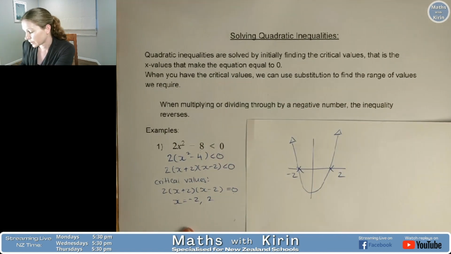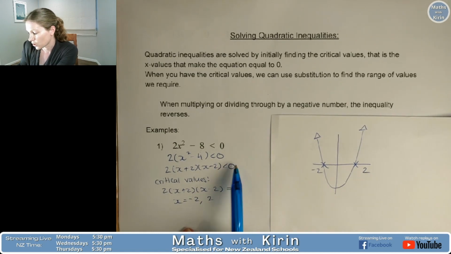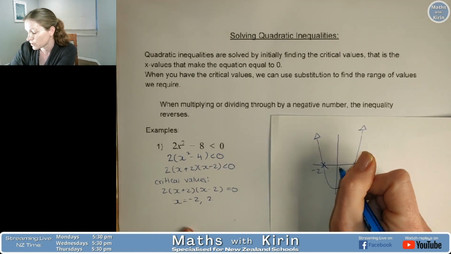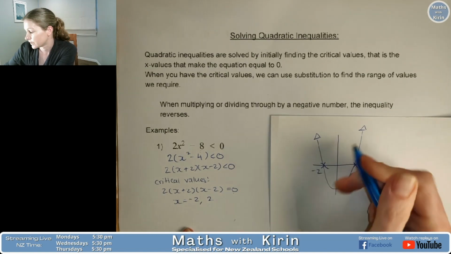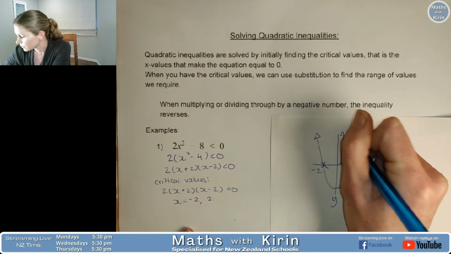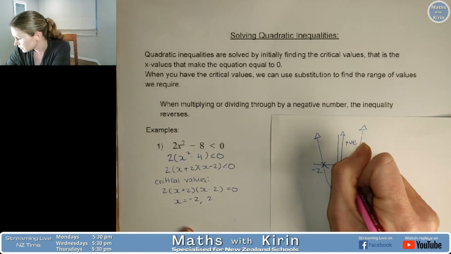Okay, that keeps going. We are trying to find where the equation, or where the parabola in this case, is less than 0. So that means we're looking for the y values that are less than 0. So this is our y-axis. All of these values here are positive y values.